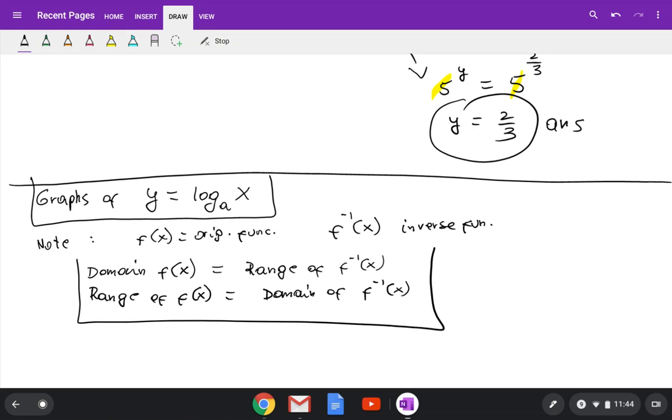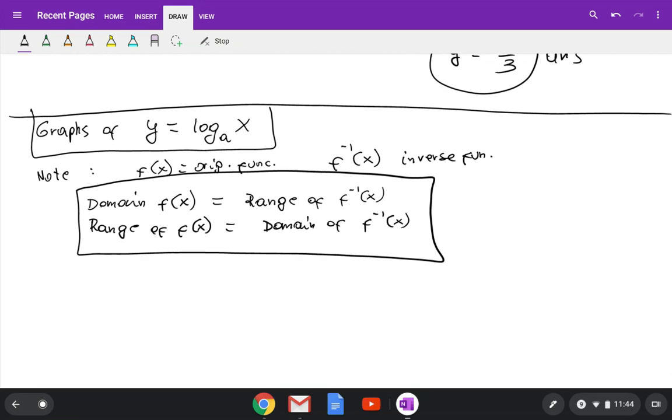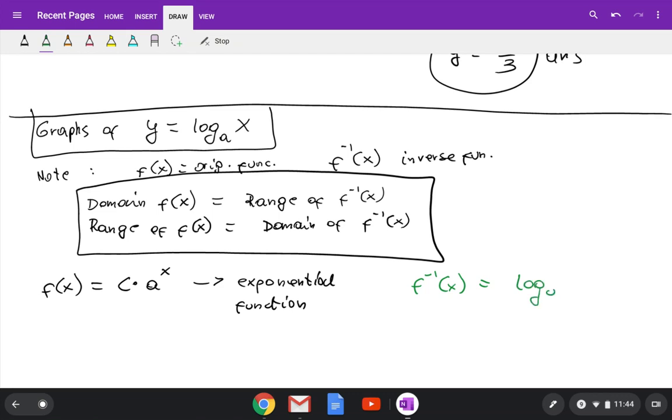So why am I reviewing this? Think about f of x as our exponential function. I already explained that the inverse of the exponential function is the logarithmic function.